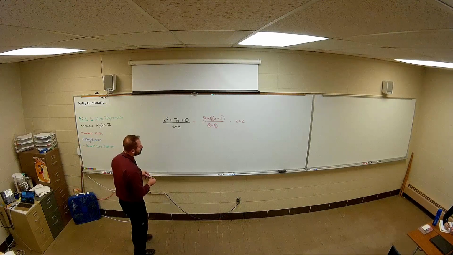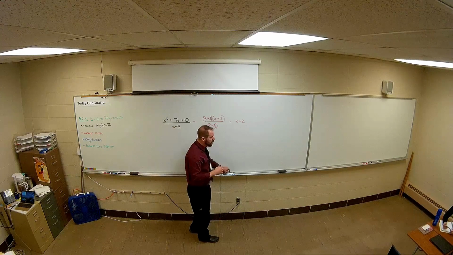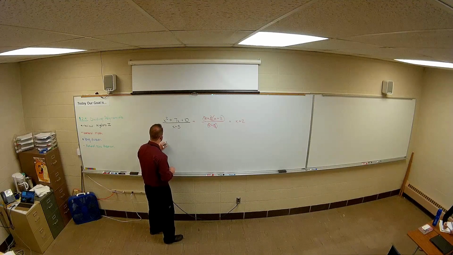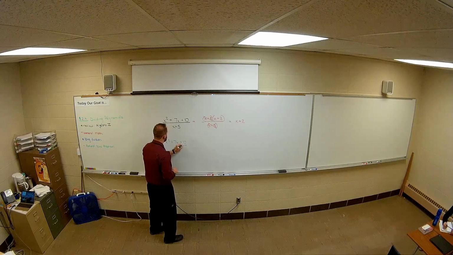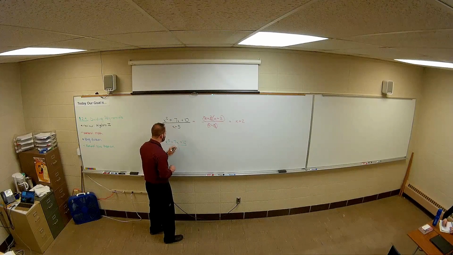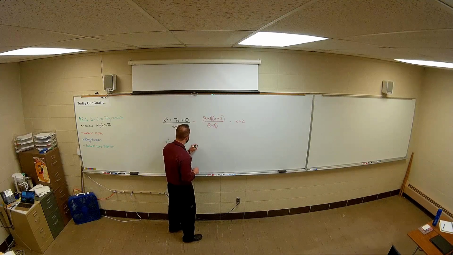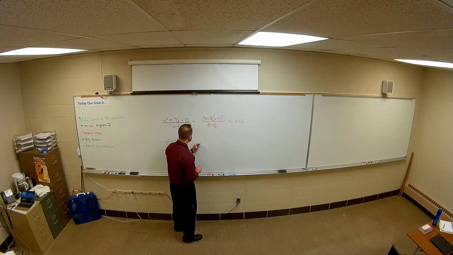Now, in this class, in PreCalc, we did a little bit of division. We did problems that looked something like this: x squared plus 7x plus 10 over x plus 3, divided by x plus 5 over x squared minus 9.